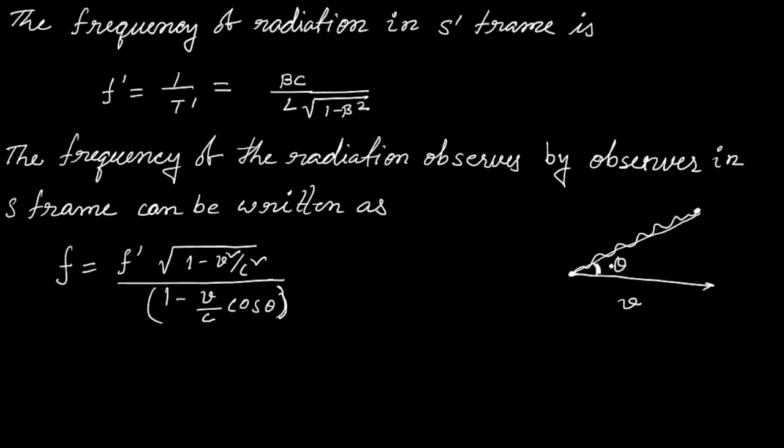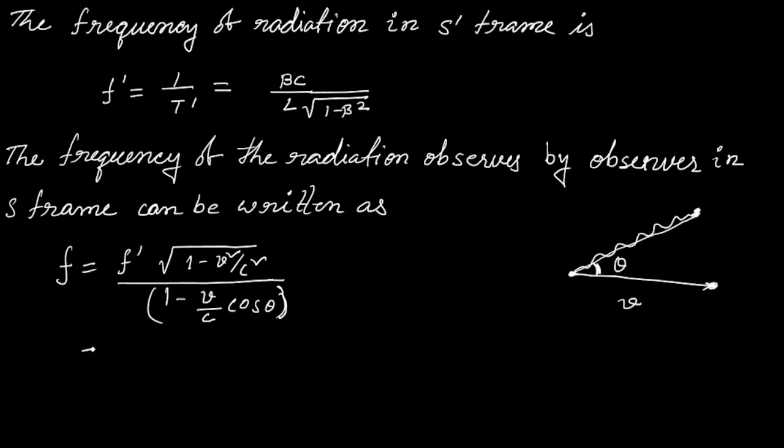But in this question it is written that the observer is actually standing along the direction of the particle velocity. That means the observer is not here. In this question, the observer is actually standing along this line. So in this question, theta will be 0.